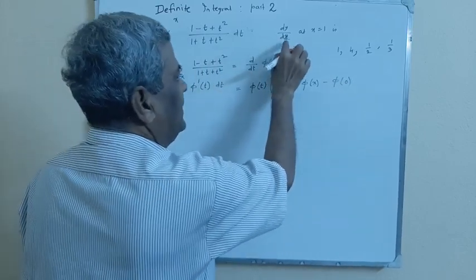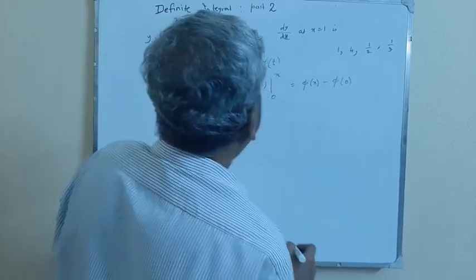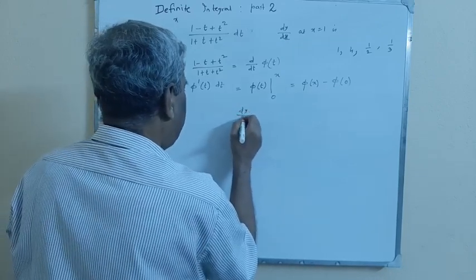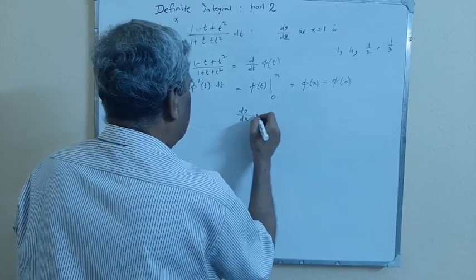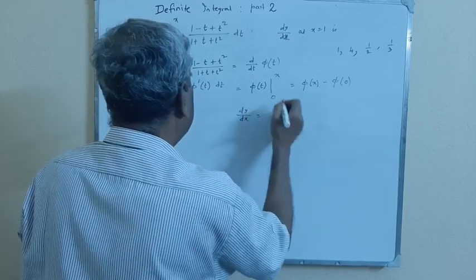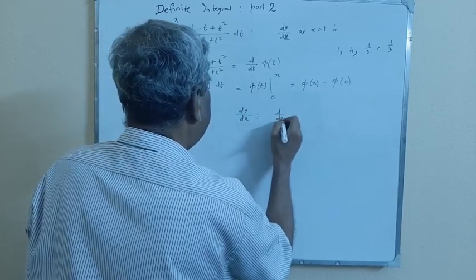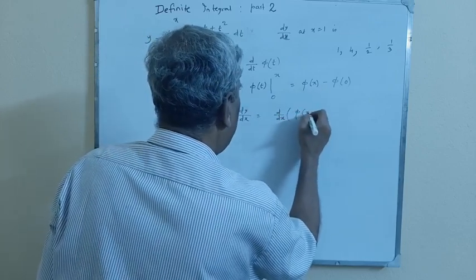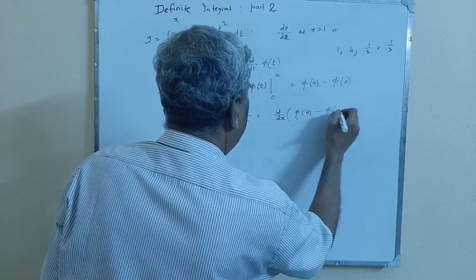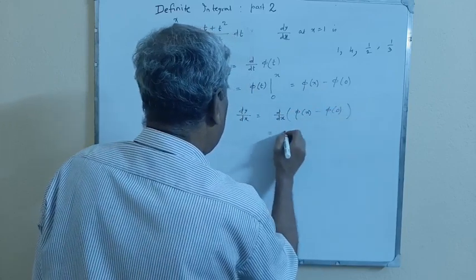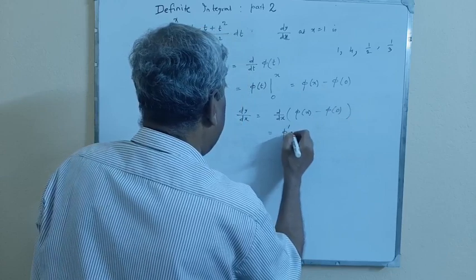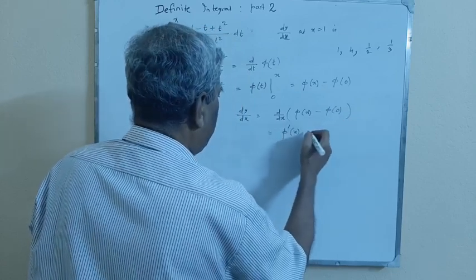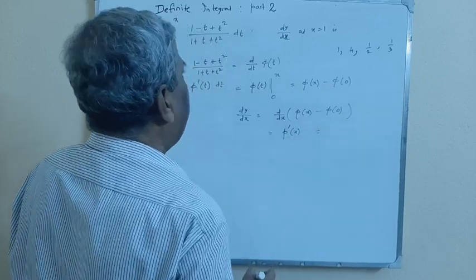Now we have to find dy dx at x is equal to 1. So dy dx is equal to d dx of y, meaning phi x minus phi 0. It is equal to phi dash x minus, this is constant, derivative is 0, so phi dash x.